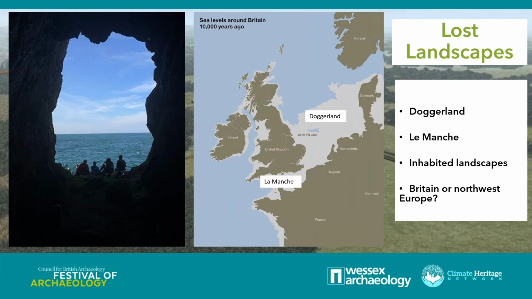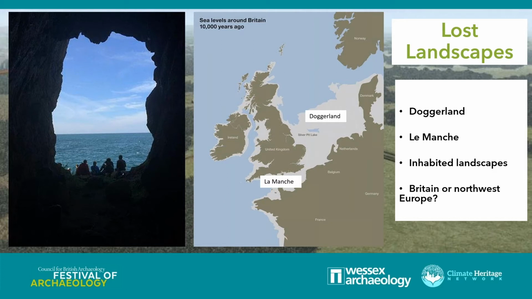In the region we're looking at in Northwest Europe, these offshore landscapes can be subdivided into two areas. Firstly, there's an area termed Doggerland, named after Dogger Bank in the North Sea. This is the area between East Anglia and Belgium and Holland, which during low sea level periods would have been land. And also we've got the Channel region, La Manche.